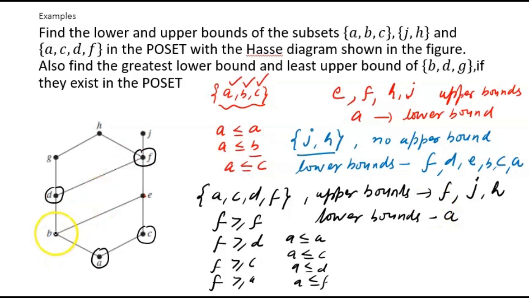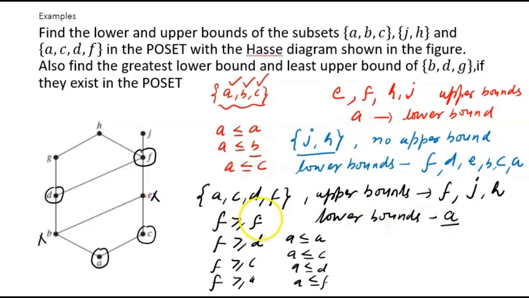Is there any other lower bound? What about B? If I take B, B is not less than or equal to C, so B can't be a lower bound. And if I take E, E is not less than or equal to D, so E can't be a lower bound. D can't be a lower bound because D is not less than or equal to C. So the only lower bound here is A.